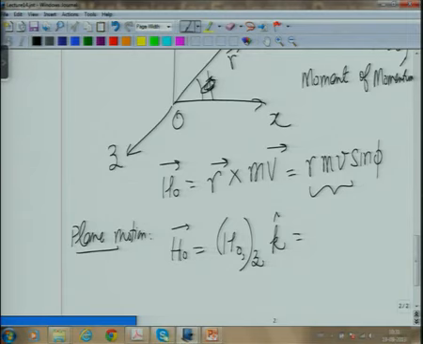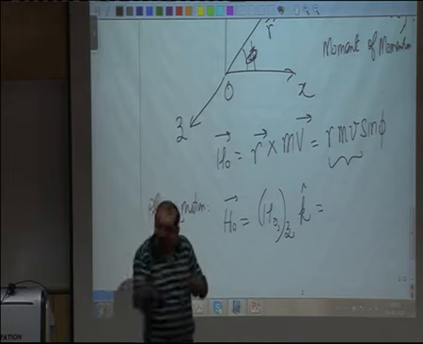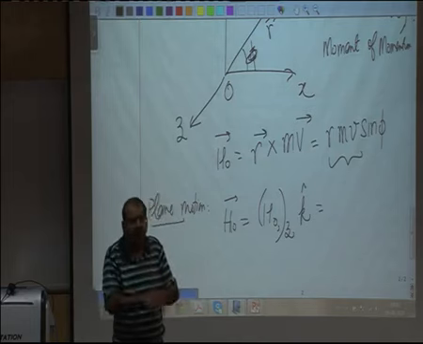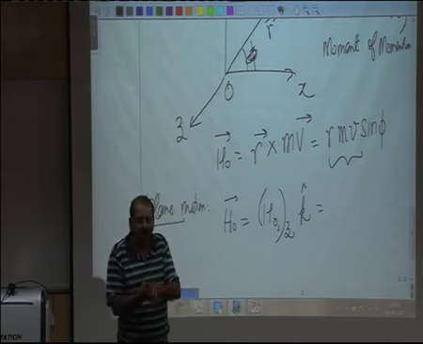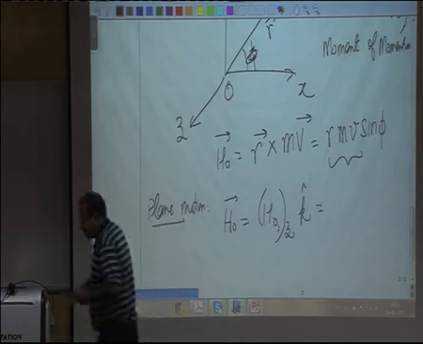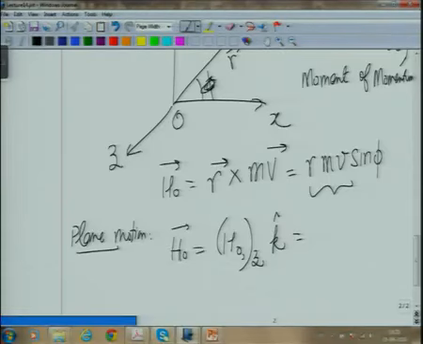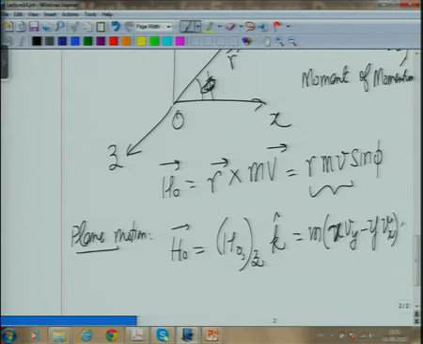In plane motion, R will be along I and J, and the particle will also move along I and J. So when you take R cross m v, R will be along I and J, velocity also will be along I and J. So the only component of the cross product which will be there will be along K. So that will be in the K direction, and this can be written as m times (x times Vy minus y times Vx).